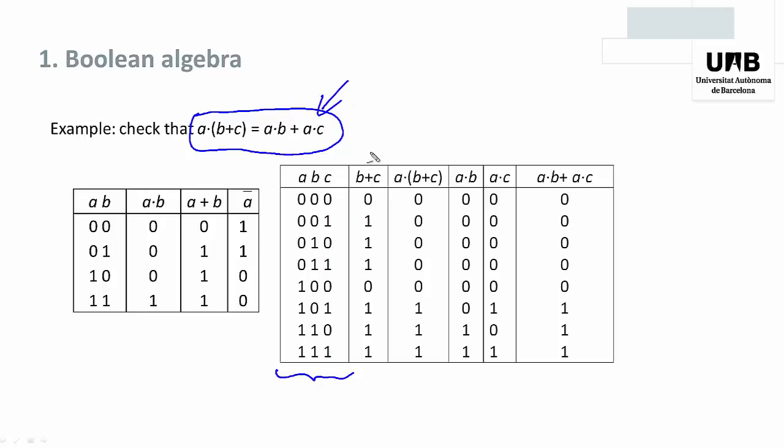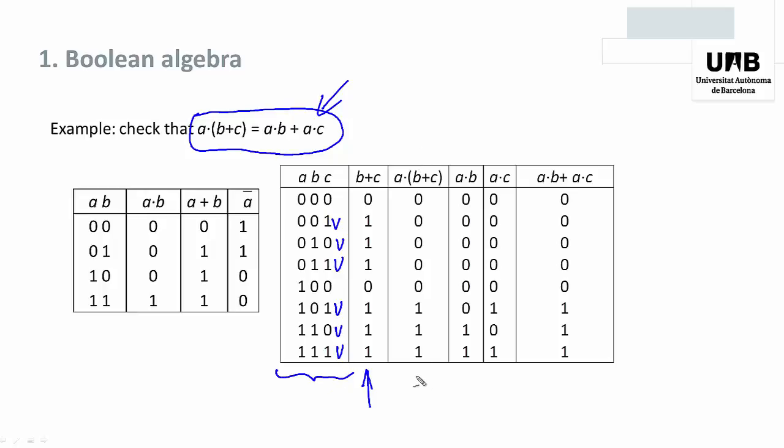Let us compute first B plus C. B plus C is equal to 1 if B or C are equal to 1, so that B plus C is equal to 1 here, here, here. In this case, it's equal to 0, 1, 1, 1.